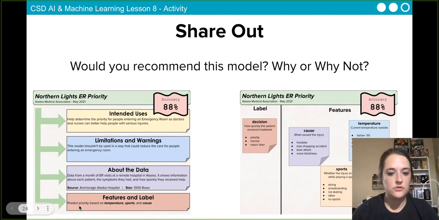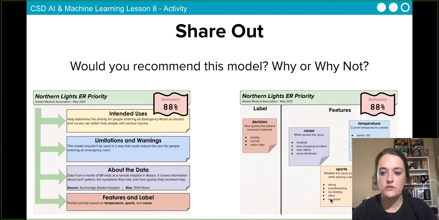Features and labels predict priority based on temperature, sports, and cause. Sports include no sports, others, ice skating, snowboarding, skiing. The cause: frostbite, tree chopping accident, bear attack. 88% accuracy though, but again, Alaska, okay?